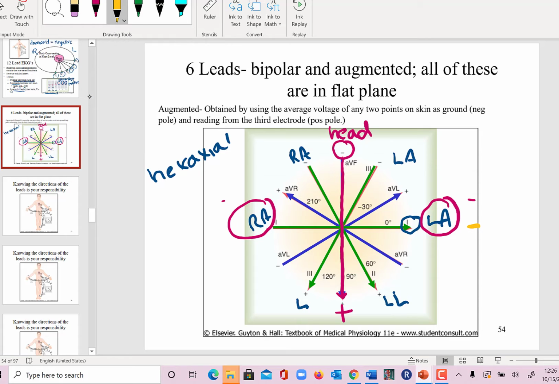So I'm doing AVR. I'm going to highlight that now in yellow. AVR is positive, pointing over your right shoulder. That's what R stands for. So it's going over your right shoulder like suspenders. And that means your left arm is held negative, and so are your feet.